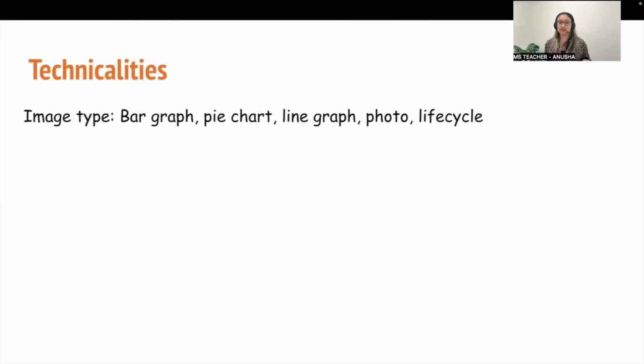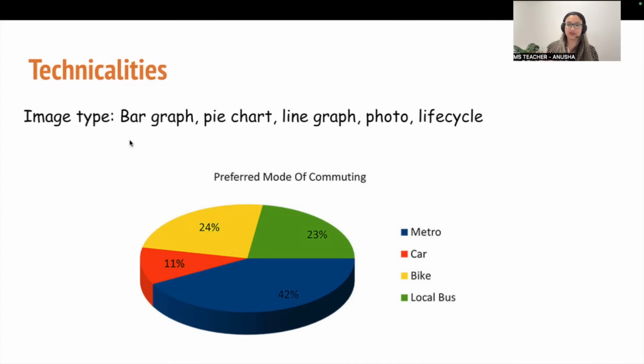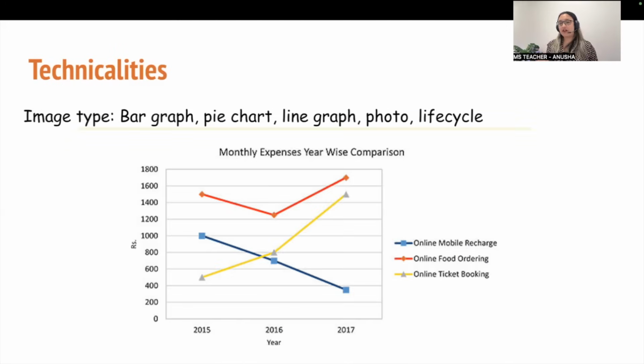First thing that you need to know are the image types. What are the types? One is a bar graph. It could be a vertical one, it could be a horizontal one. You see bars, that's a bar graph. Pie chart: you see a pie, you see a pizza kind of stuff, that's a pie chart. Obviously, there will be percentages mentioned. In a line graph, you see a line, okay?